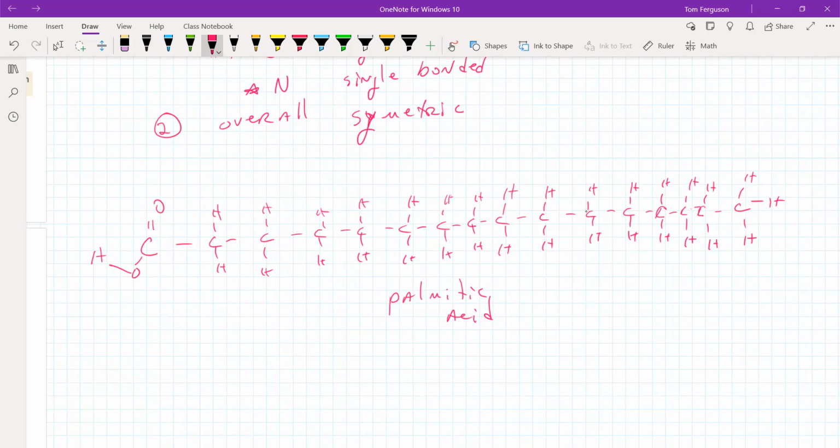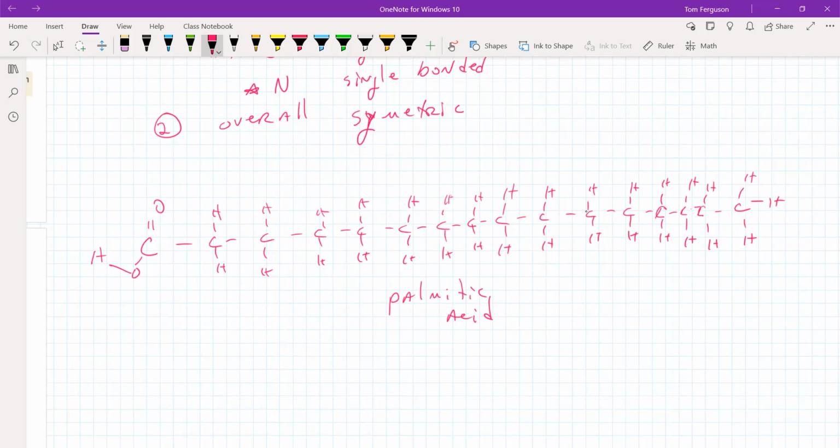So what would this molecule be good for? Making Ivory soap, for one. Remember a while back we talked about emulsifiers and soap. Soap has to have a polar part and a nonpolar part.